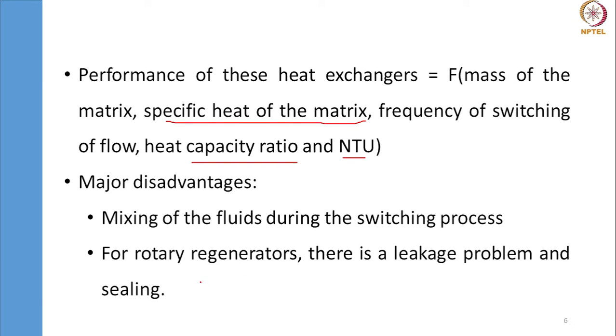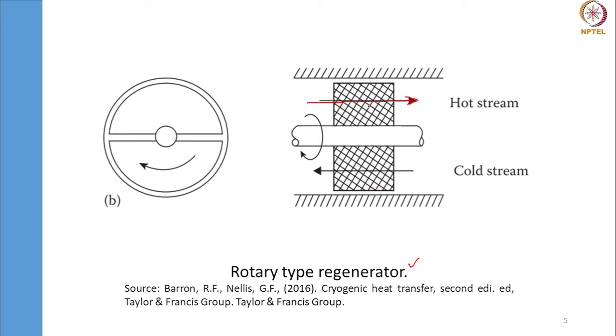And also for rotary regenerators, there is a problem of leakage, and sealing becomes a very difficult issue. If the sealing is inappropriate, and if the hot and cold fluid streams are at different pressures, say 10 bar and 1 bar, there is always a risk of mixing of these two fluids when there is no proper seal.